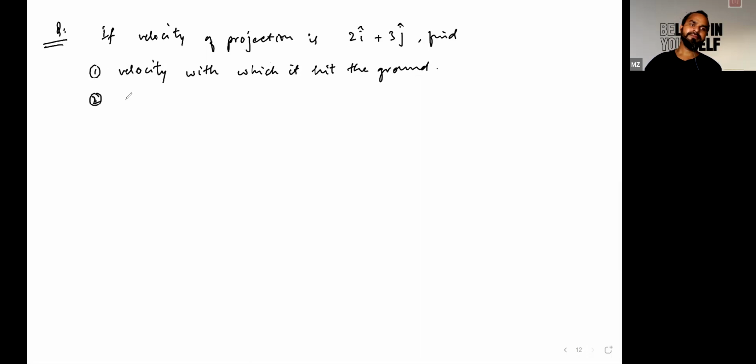Second, find the angle of projection. Try to solve these two parts.